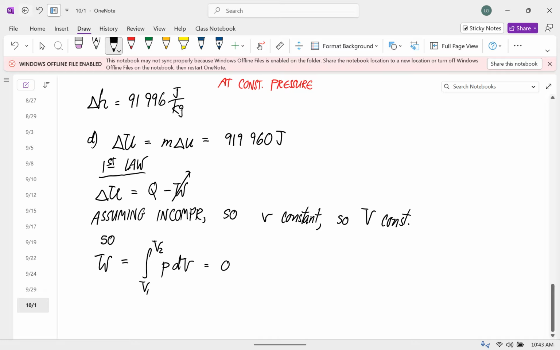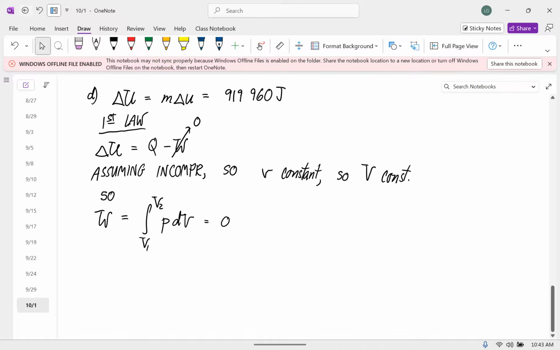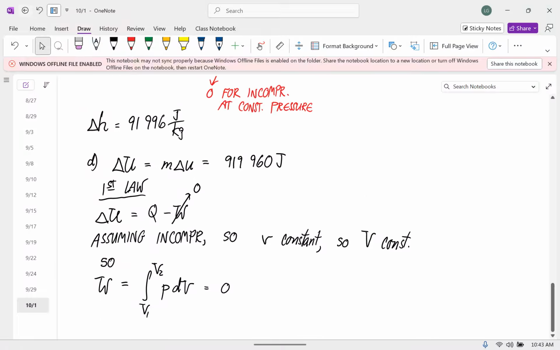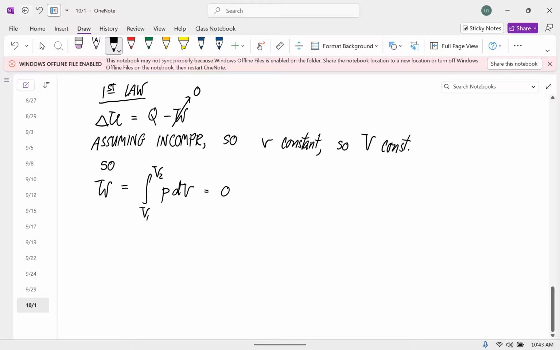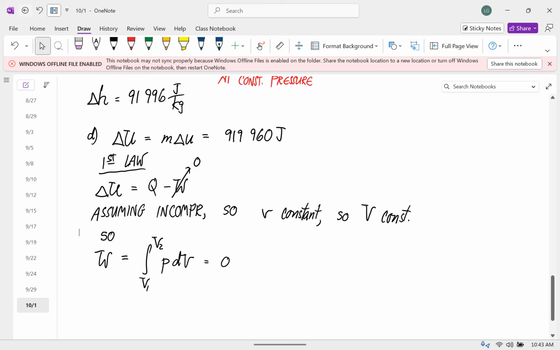Okay, so this goes to 0. So that would mean the change in internal energy is equal to the change in heat. That's right. So all of the change in internal energy is produced by adding heat.